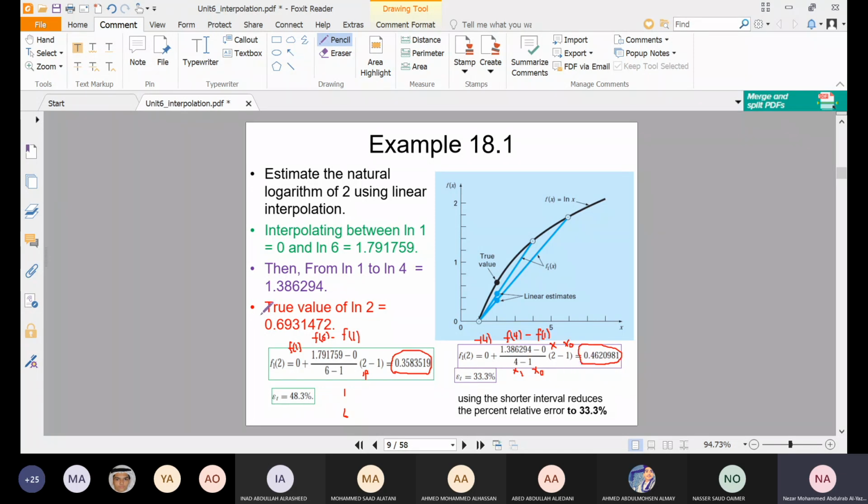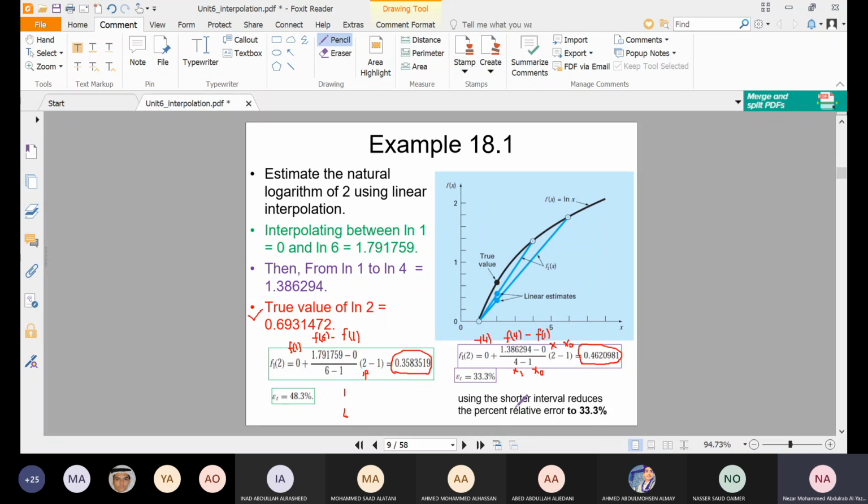Because we know the true value, which we have by using the calculator, I can compute the percentage relative error, equal to 33.3%.